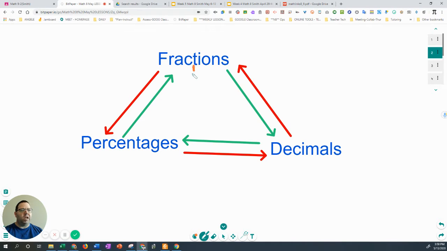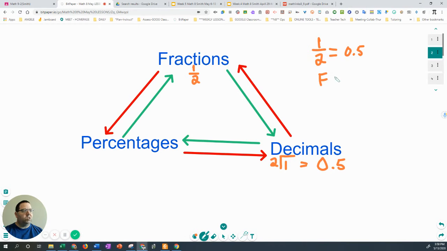Let's say I have this fraction, 1 over 2. Okay, let's just follow this green arrow. And we're supposed to know, right, that 1 over 2 means 1 divided by 2, or in other words, the decimal version of this is 0.5 or 5/10. So 1/2 is equal to 0.5, okay?